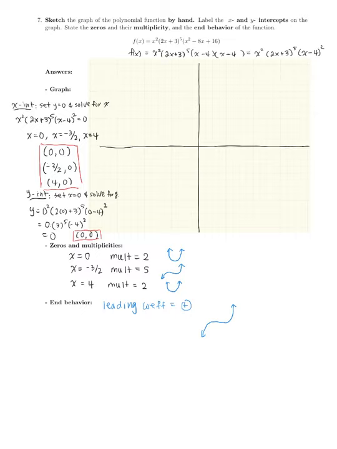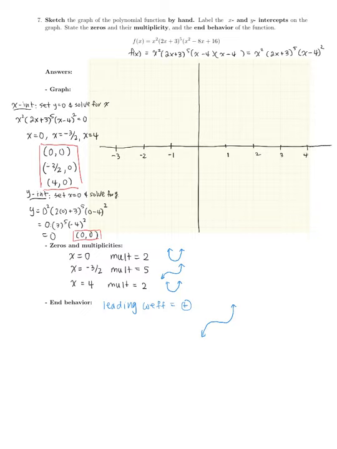Let me go with 1, -1, -2, -3, 1, 2, 3, 4. The y-axis is going to be drawn off the scale, so we'll deal with that in a minute.